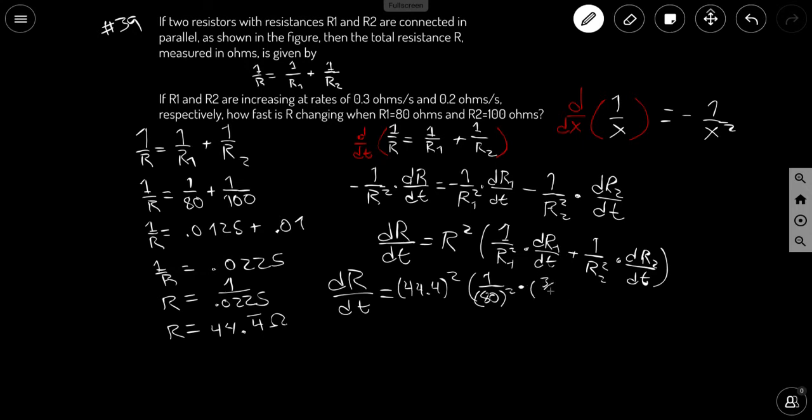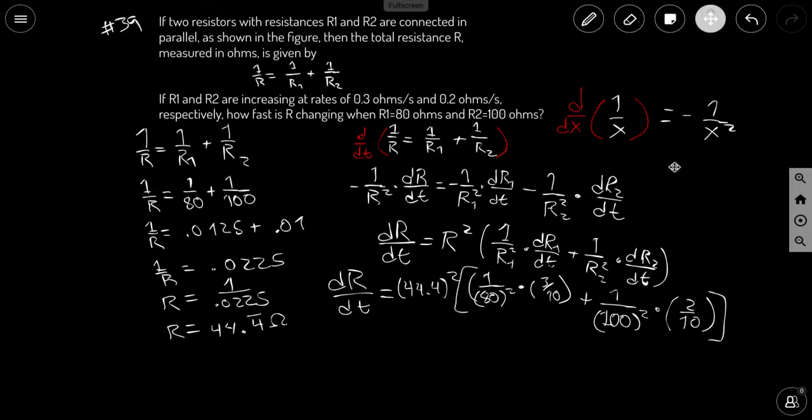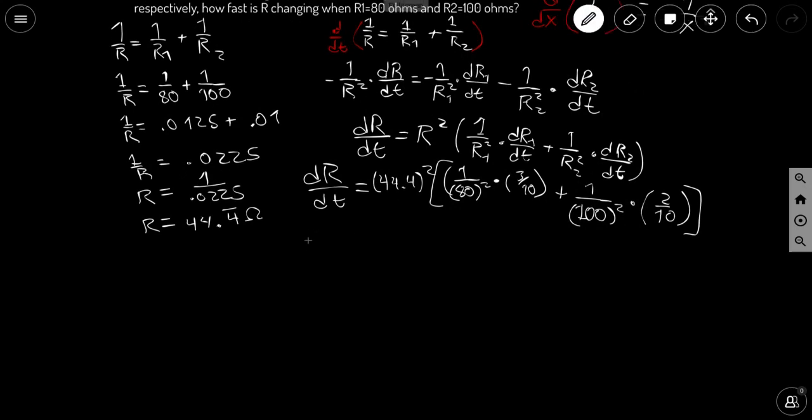I'm just going to write 3/10 so it's clear. R2, they tell us it's 100, so 1 over 100 squared times 0.2, so it's 2 over 10. And you put brackets. All right, let's continue.